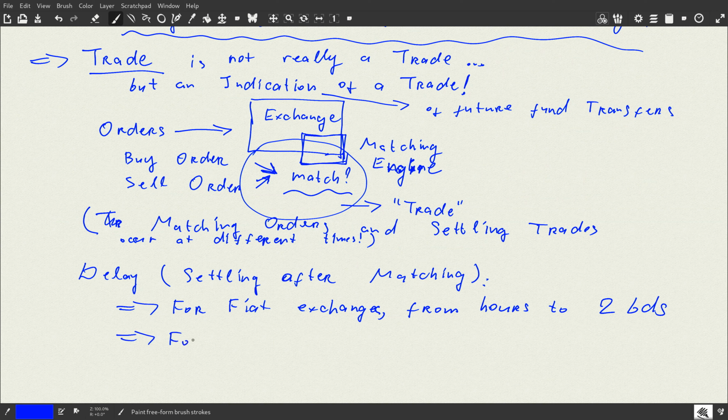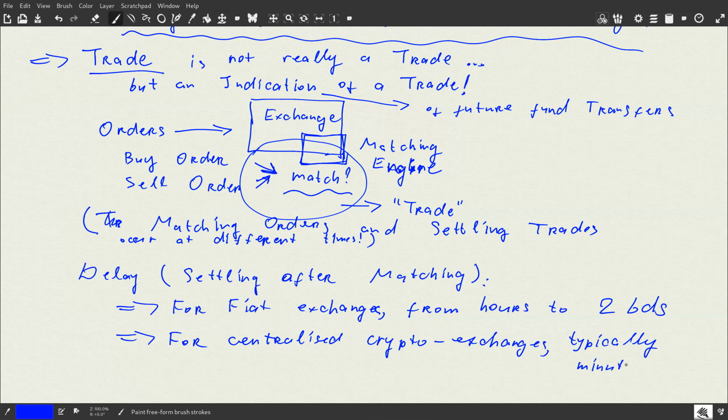For centralized crypto exchanges, typically less. I would say typically minutes, which is probably acceptable, but it still exists.